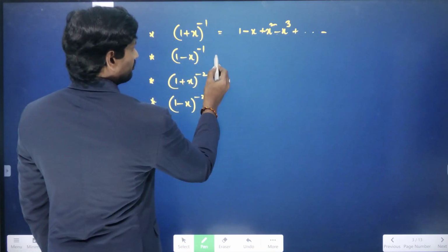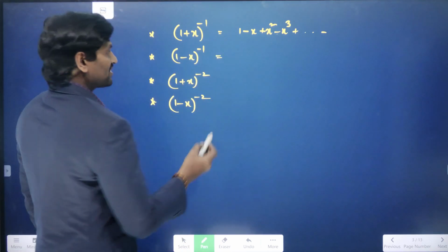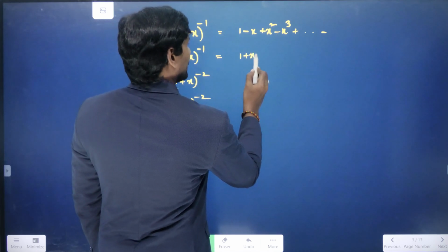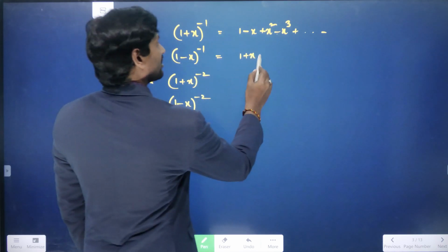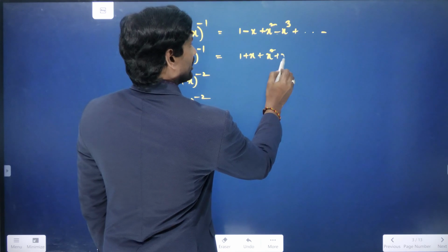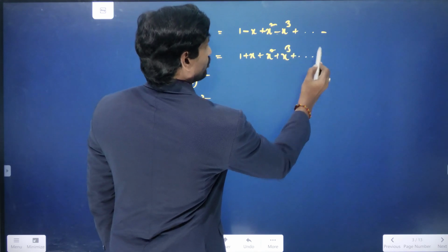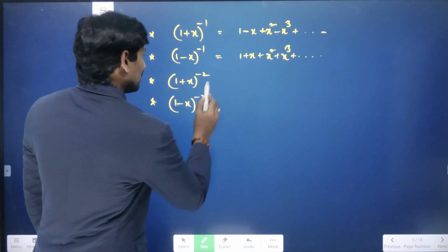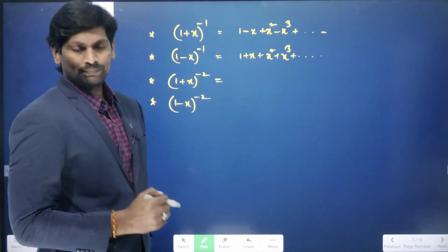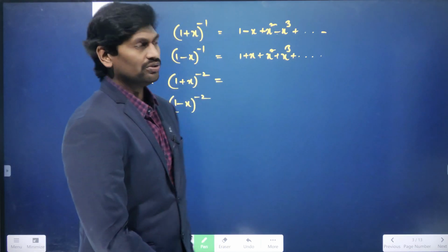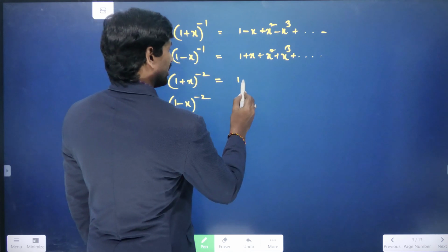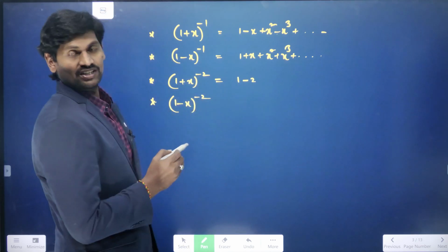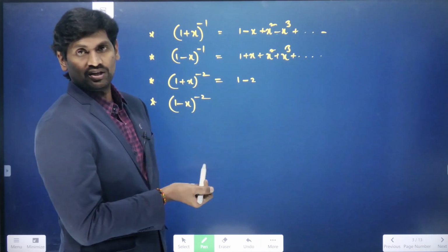Now here minus into minus is plus, so in its expansion it will be all plus terms only: 1 plus x plus x square plus x cube plus and so on. Now this one, 1 plus x whole to the power of minus 2, here plus into minus is minus, so plus, minus alternate will come.